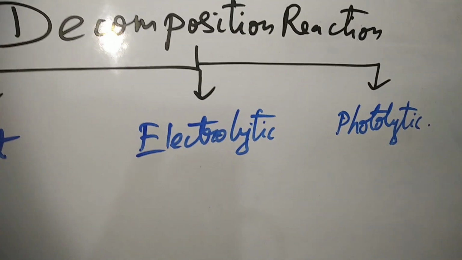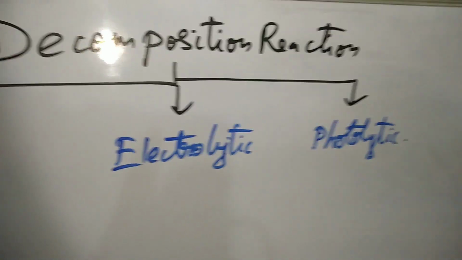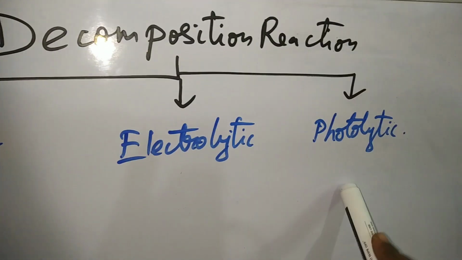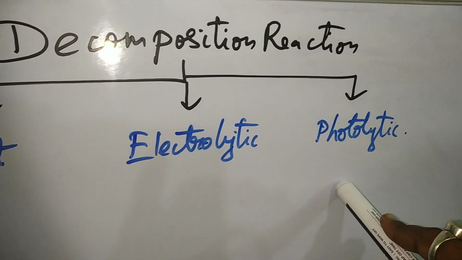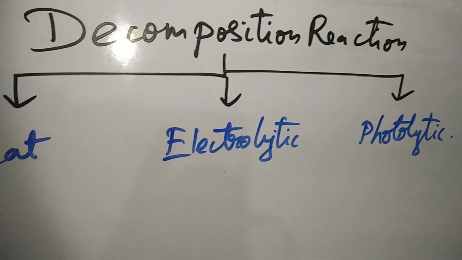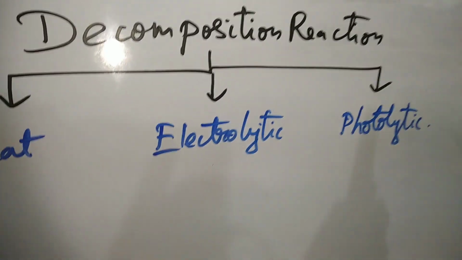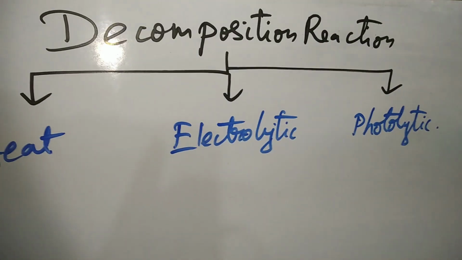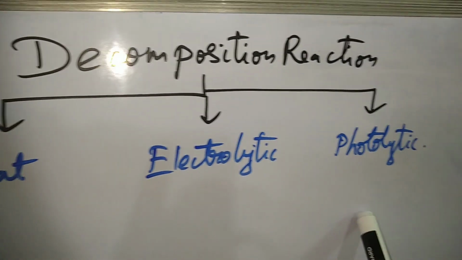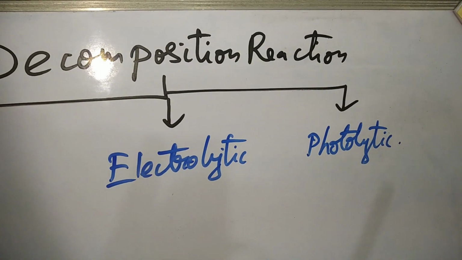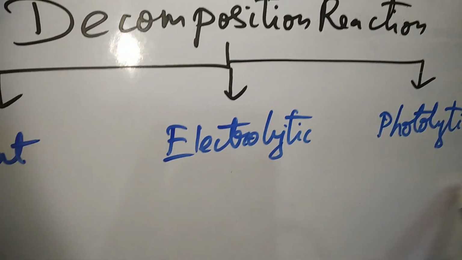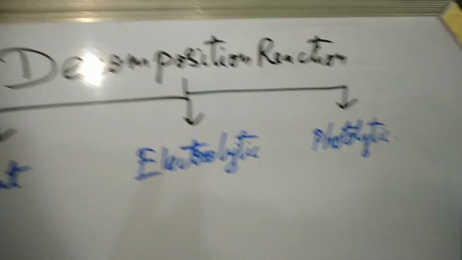Yes, I will show you its breakdown into elements also. Light means not the torchlight or the tube light. Light means the energy of the sun. Yes, the light of nature by means of the sun is known as the photolytic decomposition reaction.